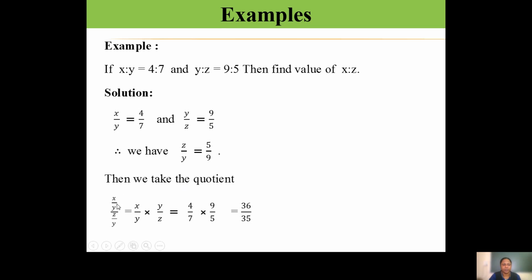If we multiply x upon y and y upon z, we get x upon z. So it is 4 by 7 into 9 by 5. If we multiply this, we get 36 upon 35. So this is how we can find out x is to z.